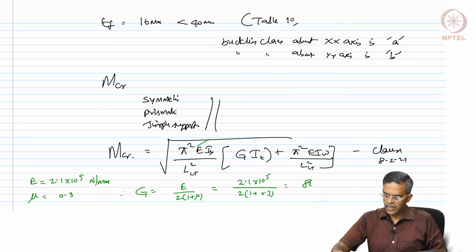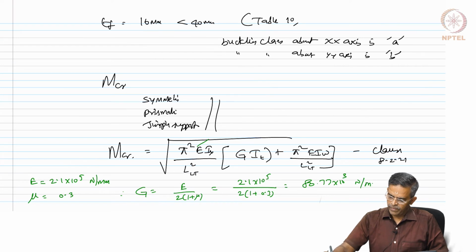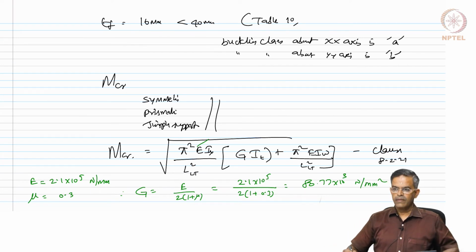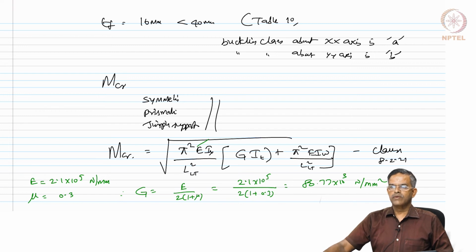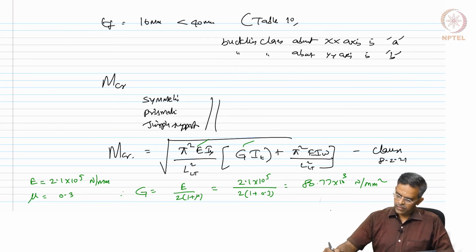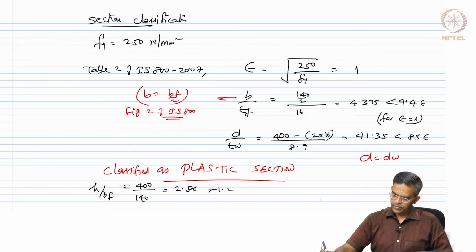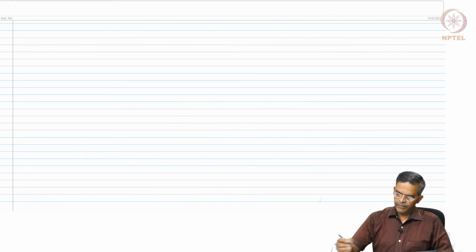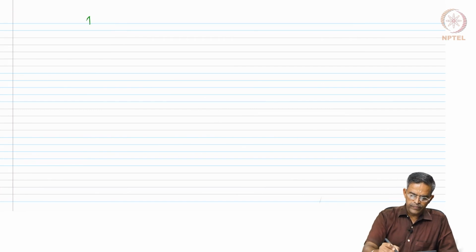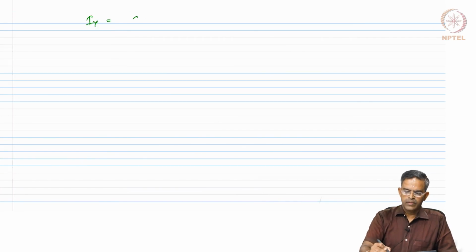I get this value as 80.77 10 power 3. So, I have G. Iy already we have. Let us see what is Iy, 622.1 10 power 4.